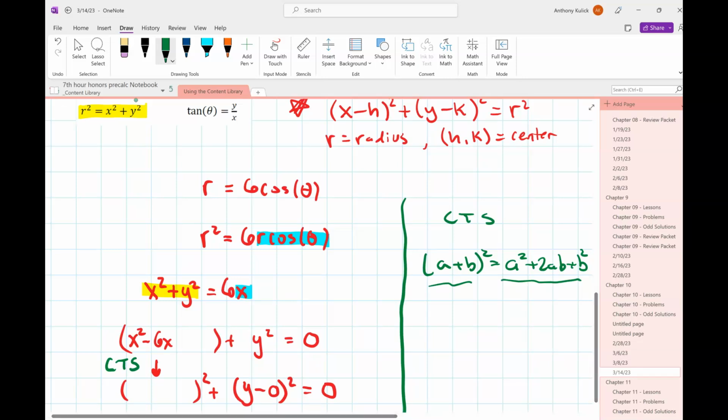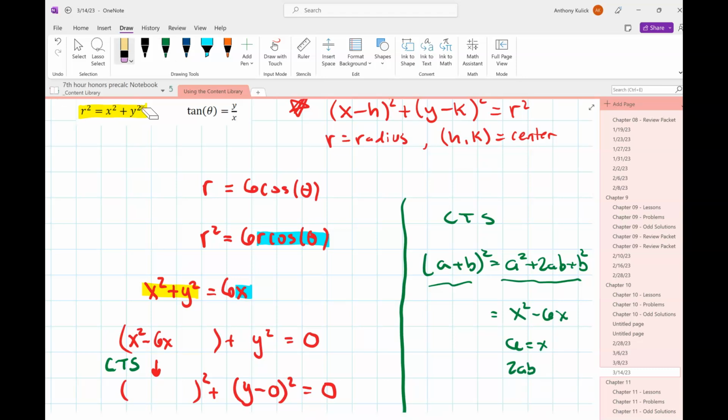So if I look at what I have, x squared minus 6x. So the a is going to be my x, and 2ab, well, let's just make it 2b has to be negative 6, right? Everybody's okay with what I've done?